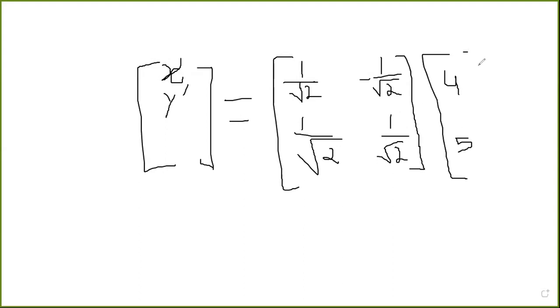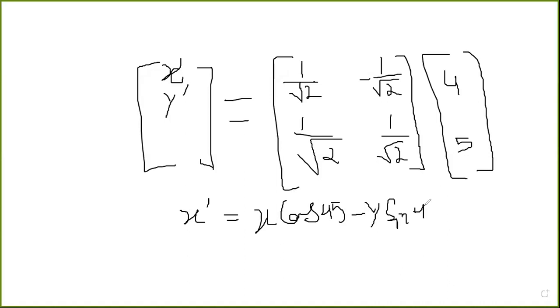In the question it was 4, 5. So in matrix format you can see this is similar: x dash equal to x cos 45 minus y sin 45.